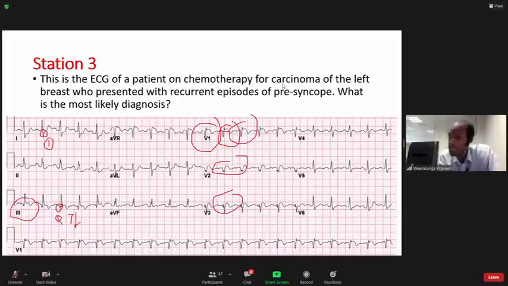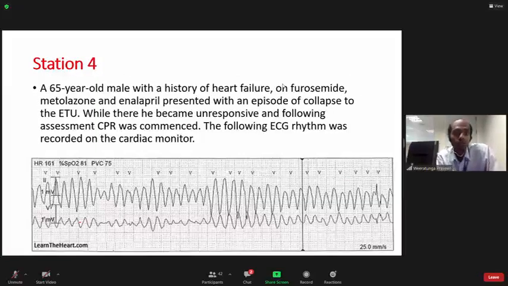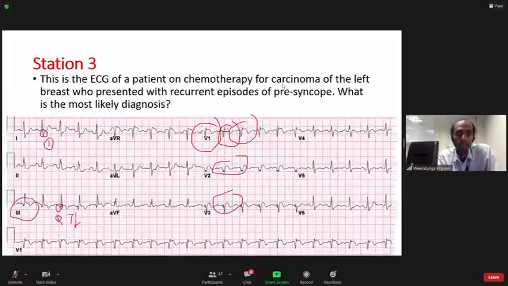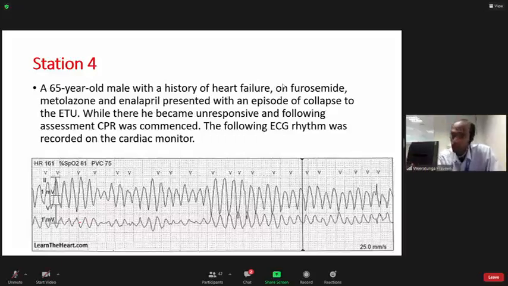And remember, pre-syncope and syncope are very common presentations of pulmonary emboli, because of the strain on the right ventricle, the cardiac filling is compromised, and output is compromised. That is the reason. And you confirm the diagnosis of pulmonary embolism through a CT pulmonary angiogram.